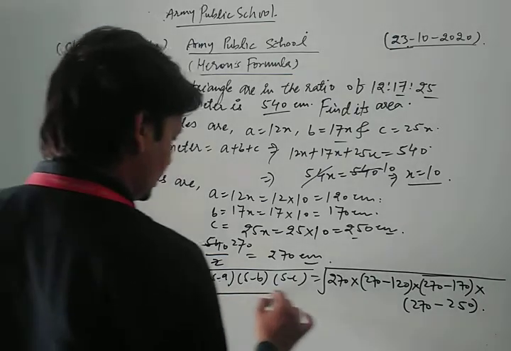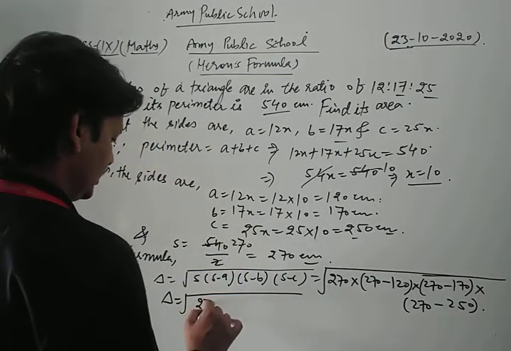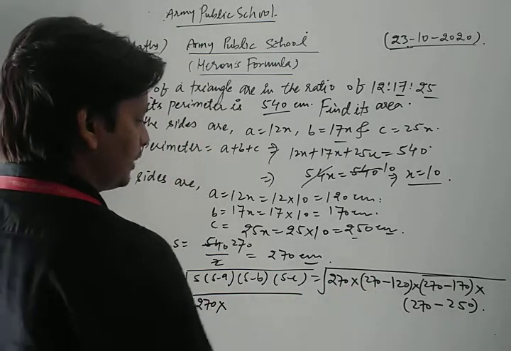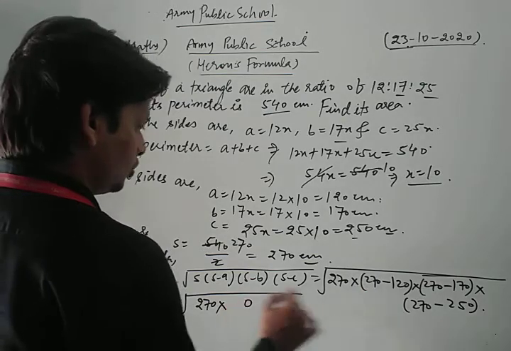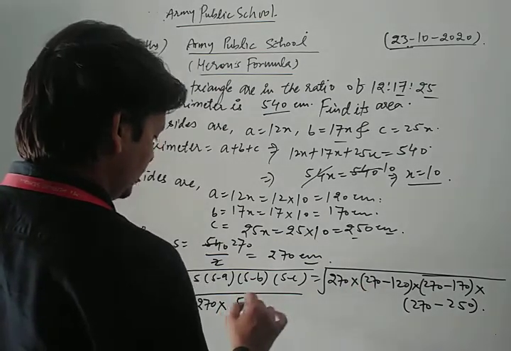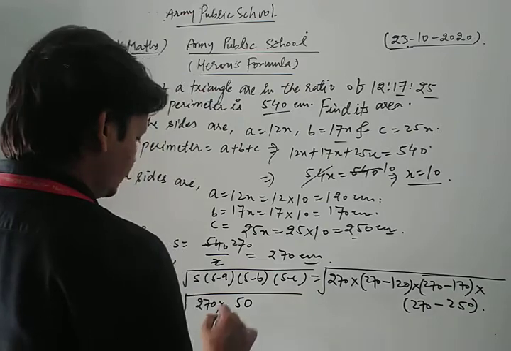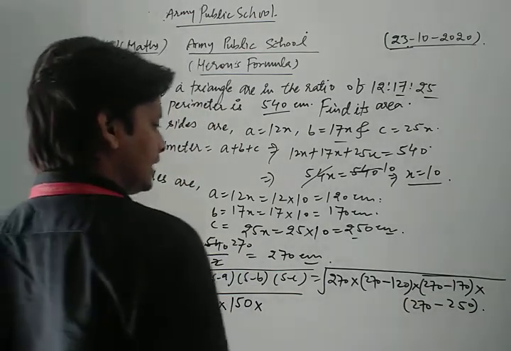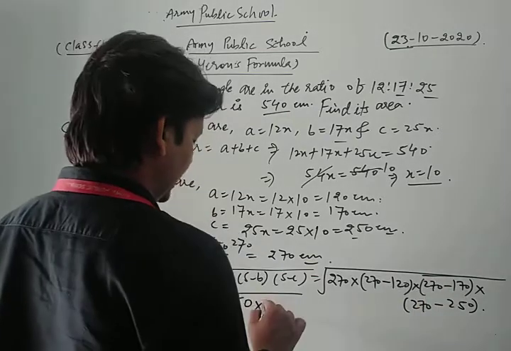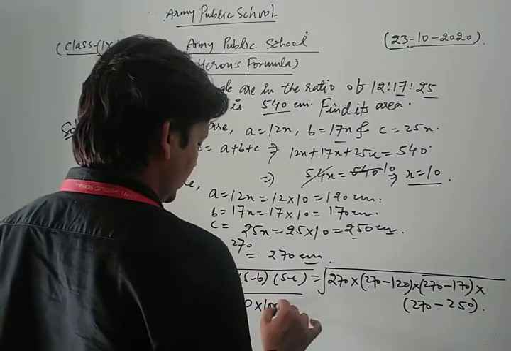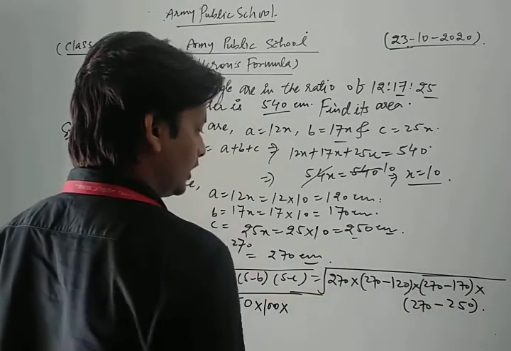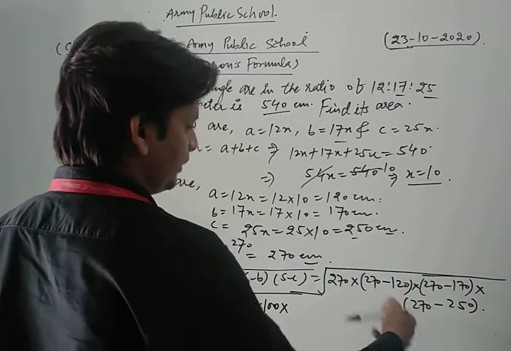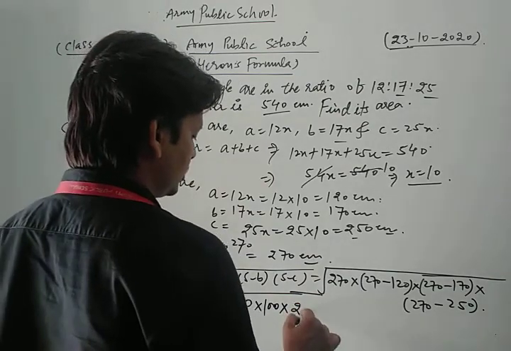So delta is equal to under root 270 into 270 minus 120, which gives 150, into 270 minus 170, which gives 100, into 270 minus 250, which gives 20.